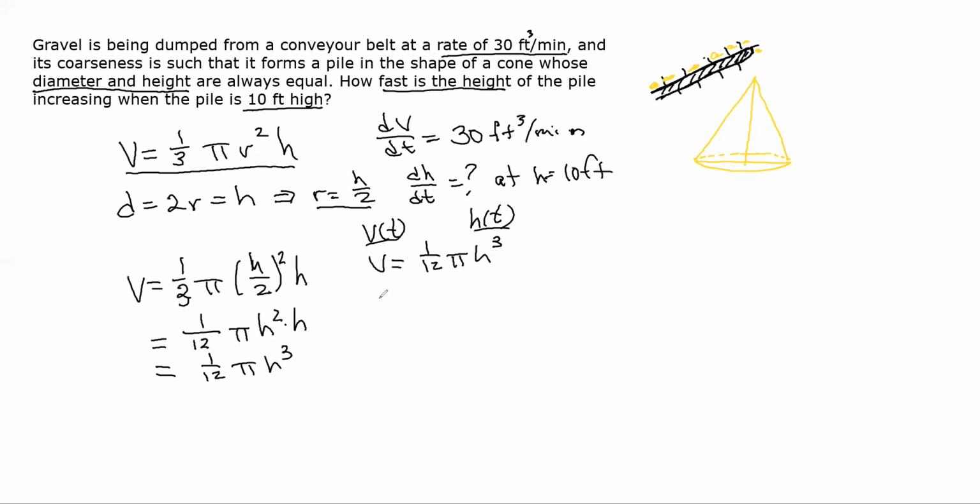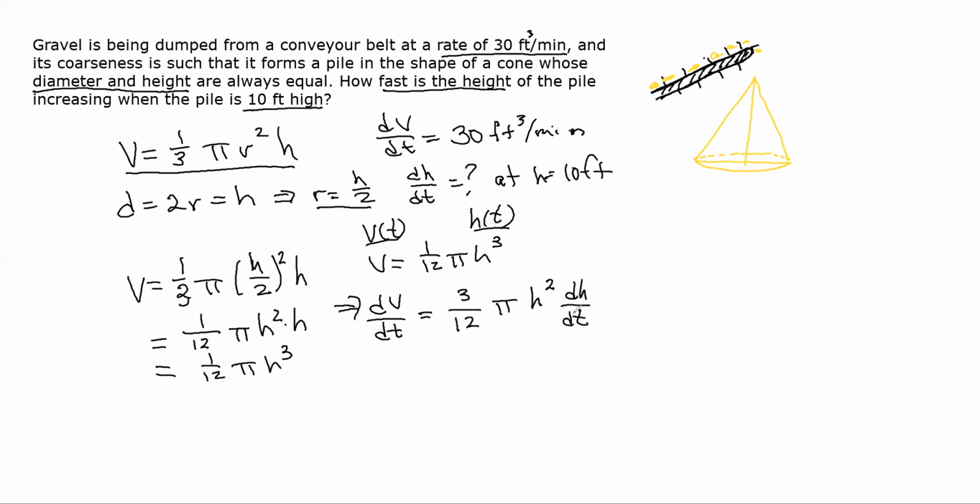So that means we're going to get our dV over dt equaling, we're going to take the 3 from the h cubed down, still having the coefficient 1/12 pi, but then we're going to reduce the power on the h by 1, and then again, h is also a function of t, so we want to then write out dh over dt.